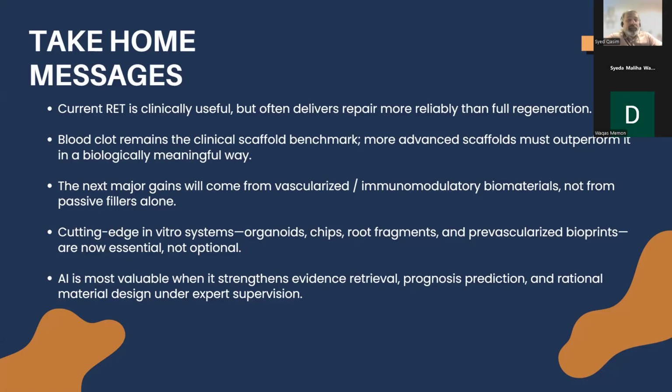The next major gains will come from vascularized immunomodulatory biomaterials, not from passive fillers alone. So, this is what I was talking about earlier when we were talking about the roadmap. Okay, it should be immunomodulatory, so you should be able to tune it based on the phenotype. Cutting-edge in vitro systems, organoids, chips, root fragments, and pre-vascularized bioprints are now essential, not optional.